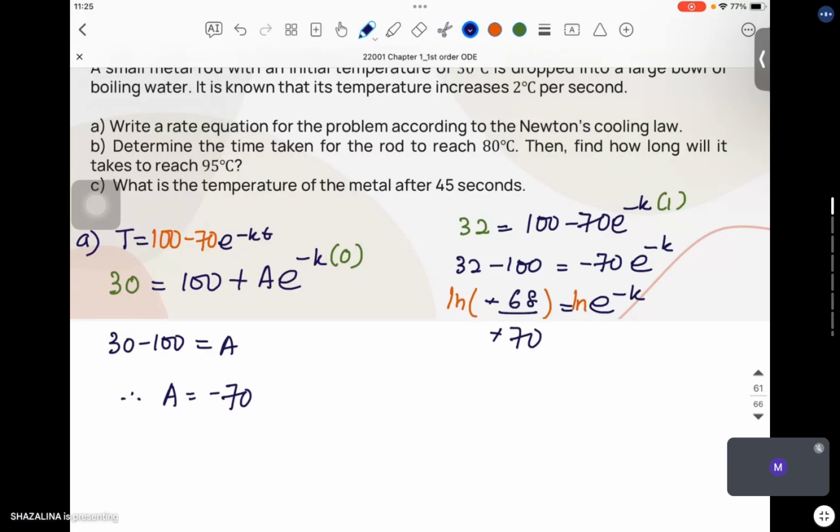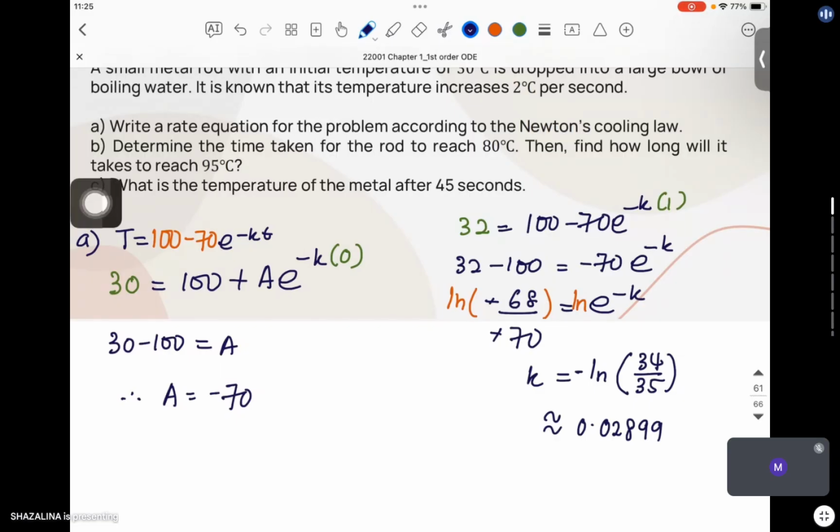Then we have negative k equals ln of 34 over 35. k is equal to negative ln of 34/35, which is approximately 0.02899.